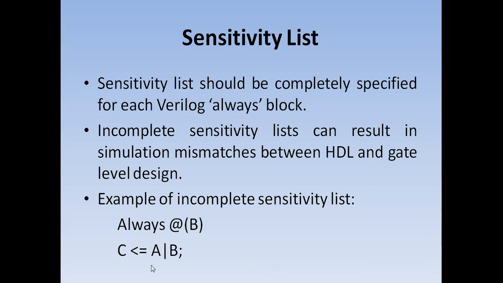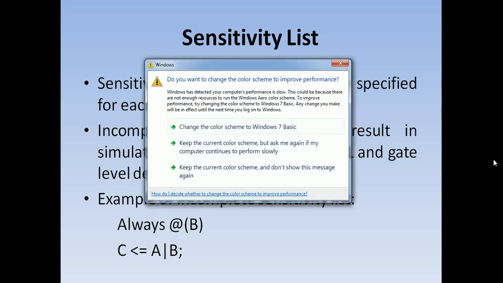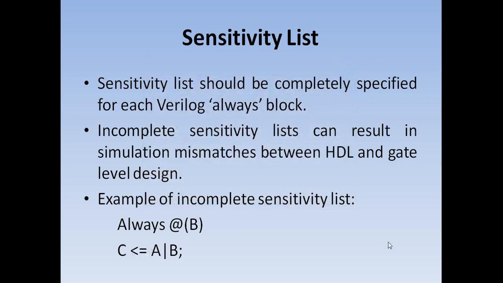Here C is dependent on both A and B values, but we are giving only B in the sensitivity list. So whenever there is a change in A, it will not get triggered and the value of C will remain unchanged. So it's very important to mention all the elements in the sensitivity list.